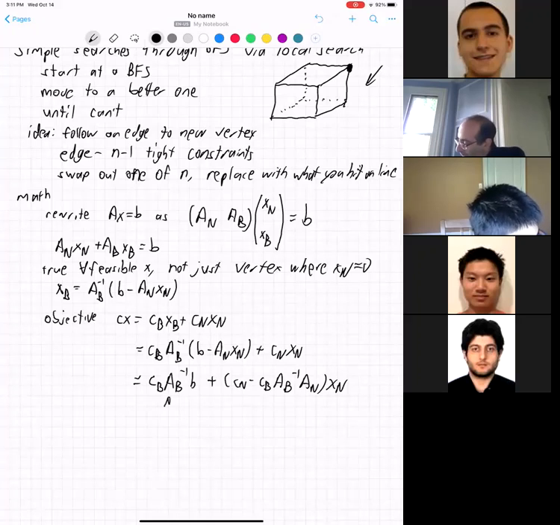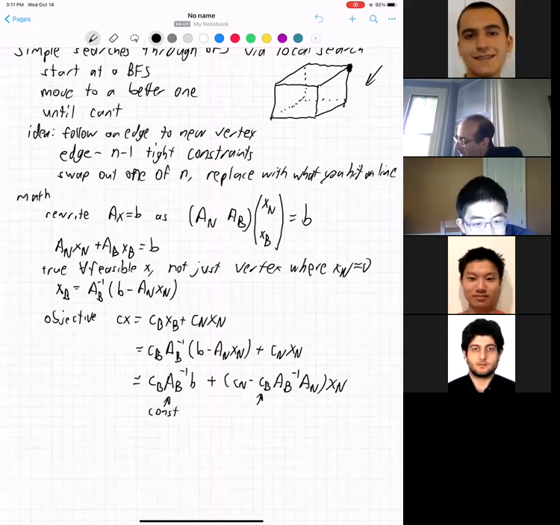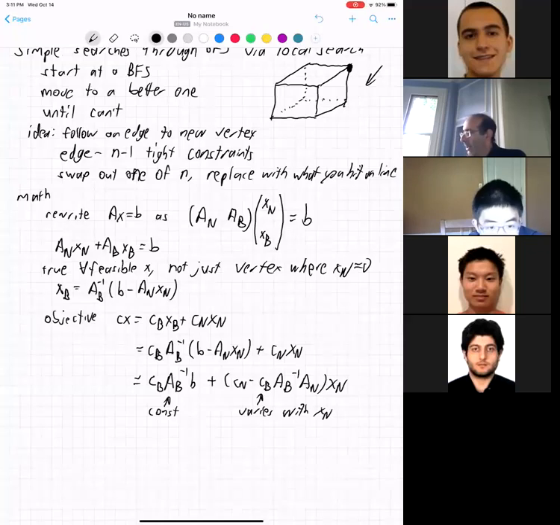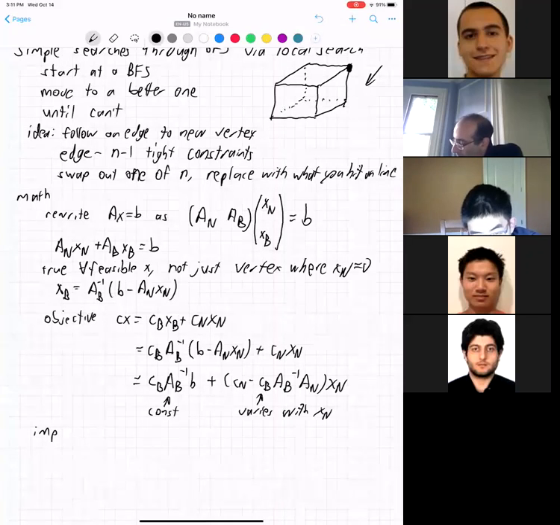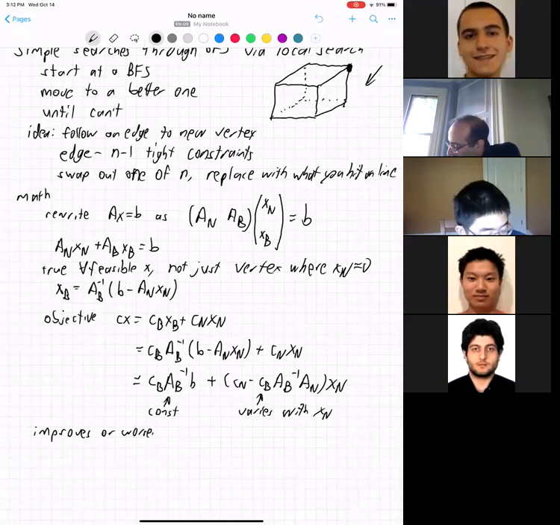Now you'll notice that this is a constant, and this depends only on xn and doesn't mention the basis variables xb at all. Okay? So since the first term is a constant, the objective improves or worsens just based on the second term.